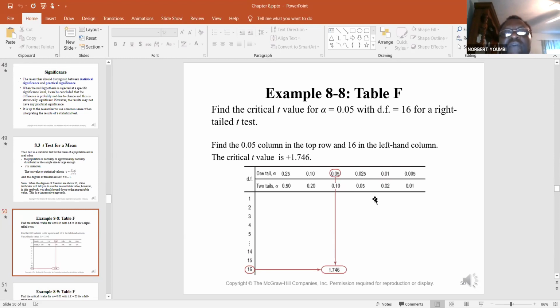For example, find the critical value for alpha equal to 0.05 with a degree of freedom of 16 for a right-tailed test. This is a one-tailed test, so with 16 degrees of freedom, the critical value is 1.746. If it was a left-tailed test, it will be minus 1.746.